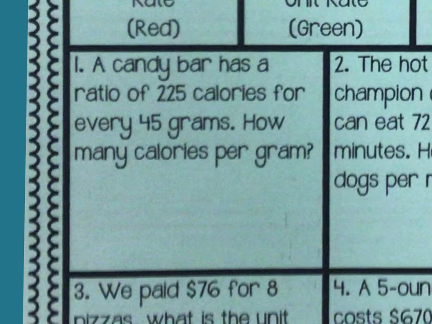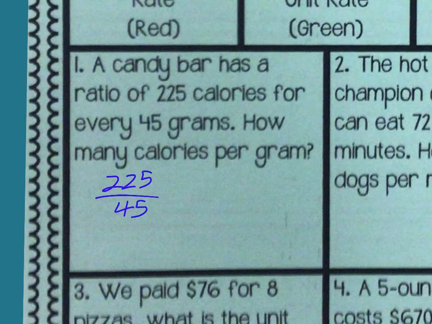When I'm doing unit rate, guys, I'm just going to take 225 divided by 45, the calories divided by the grams. That will tell me how much it is per gram. I get 5, so there are 5 calories per gram.